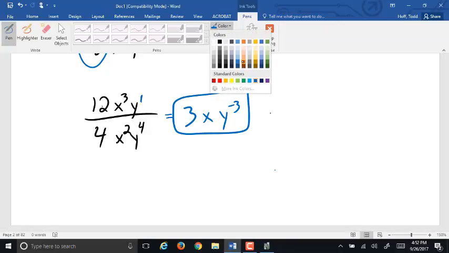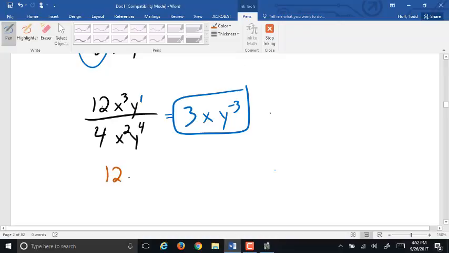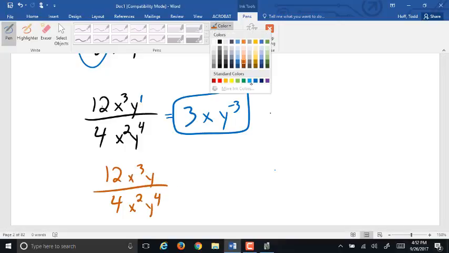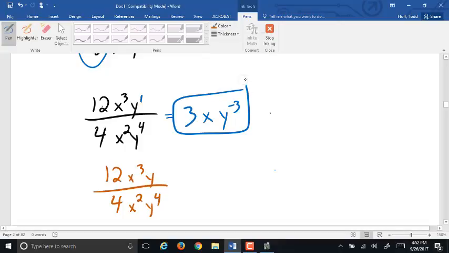But if we go back to our reducing fractions that we saw earlier, where we factored and canceled, 12 is 2 times 2 times 3. X to the 3rd is just going to be 3 x's. And then the y. 4 is 2 times 2.